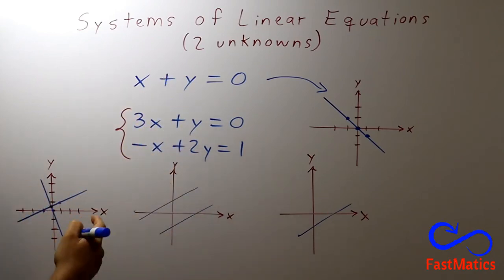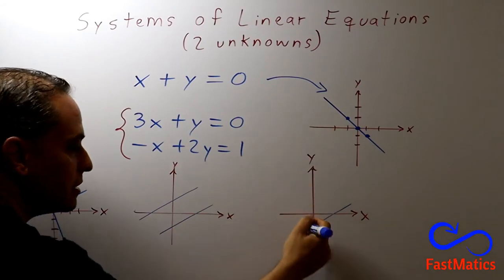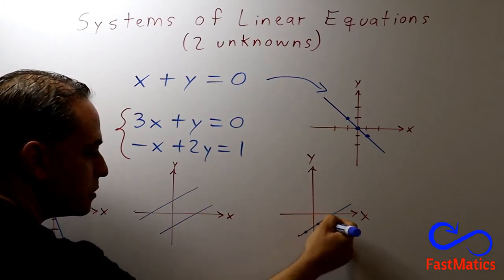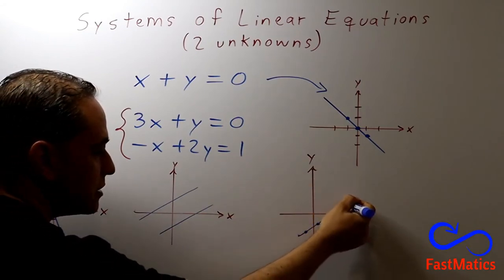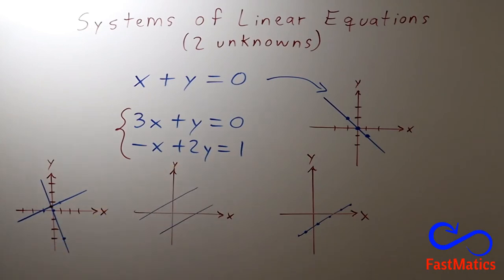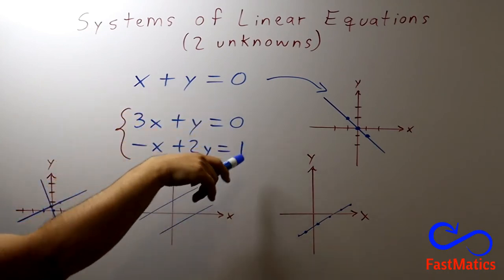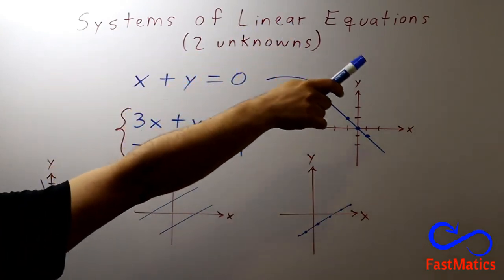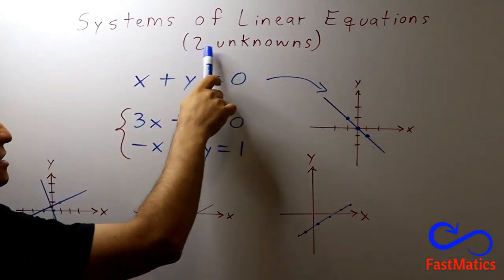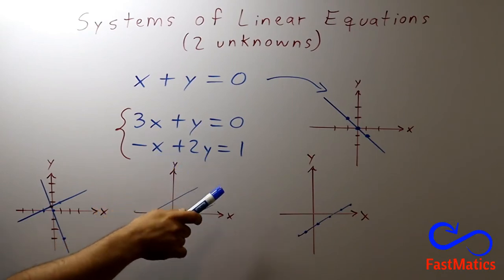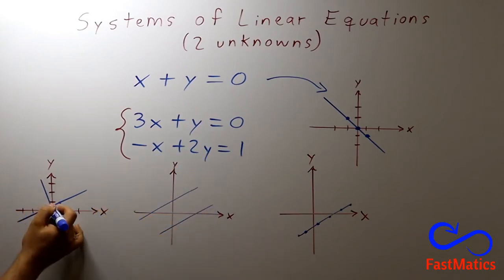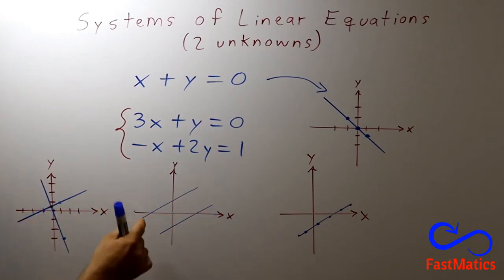So the answer will be, as we have said here, an infinite number of points that are over that line. Then we have seen when you solve a system of linear equations with two unknowns, you will find a solution, you will find that it has no solution, and you will find that it has an infinite number of solutions.